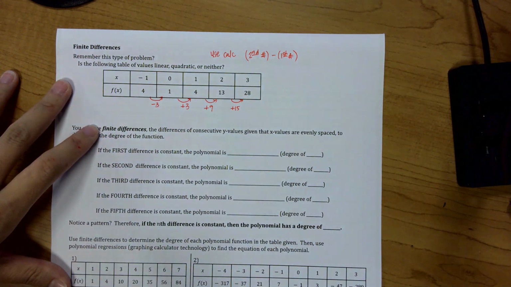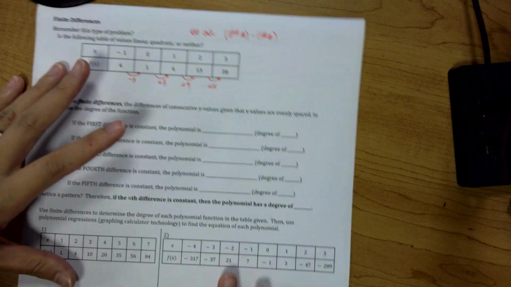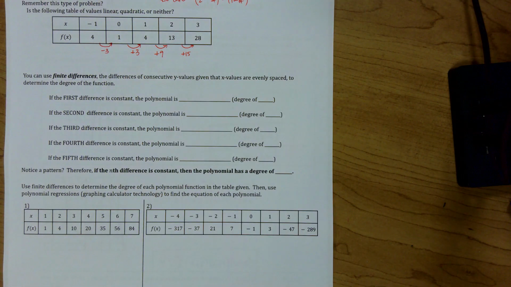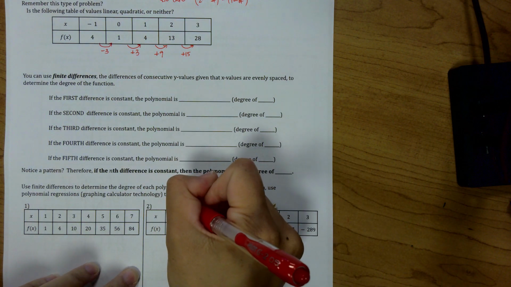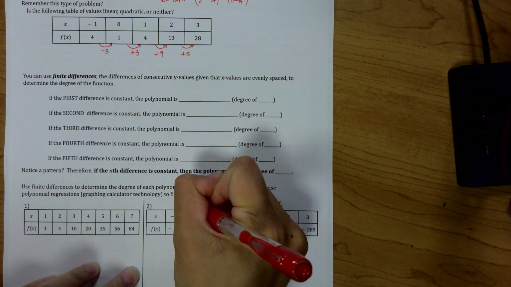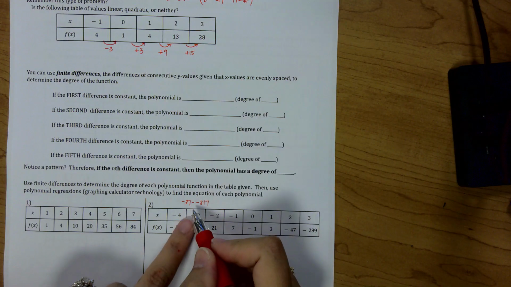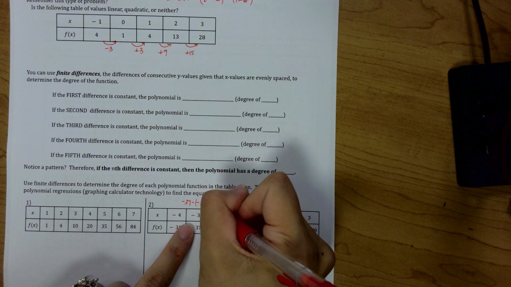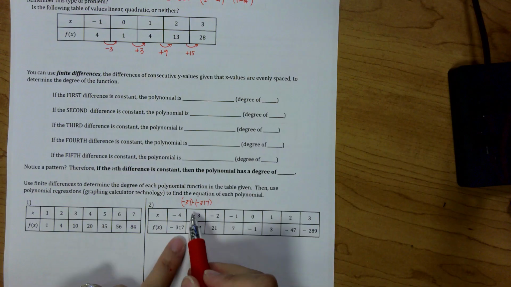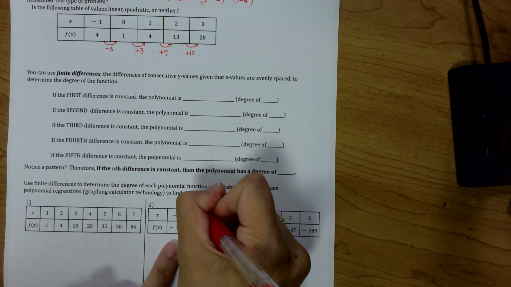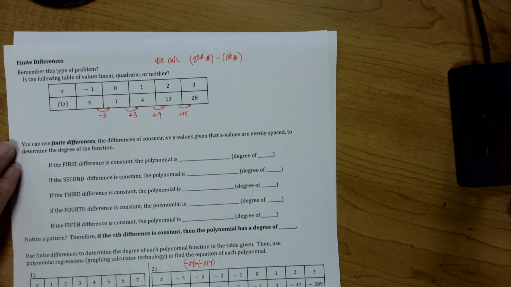And the reason why you want to use parentheses is because, say for instance, here, when you have negative 37 minus negative 317, a lot of students forget that extra negative. But if you see it like this, you know that you got your signs right. Right? So negative 37, negative 317 with an extra minus in between. So just be really careful.